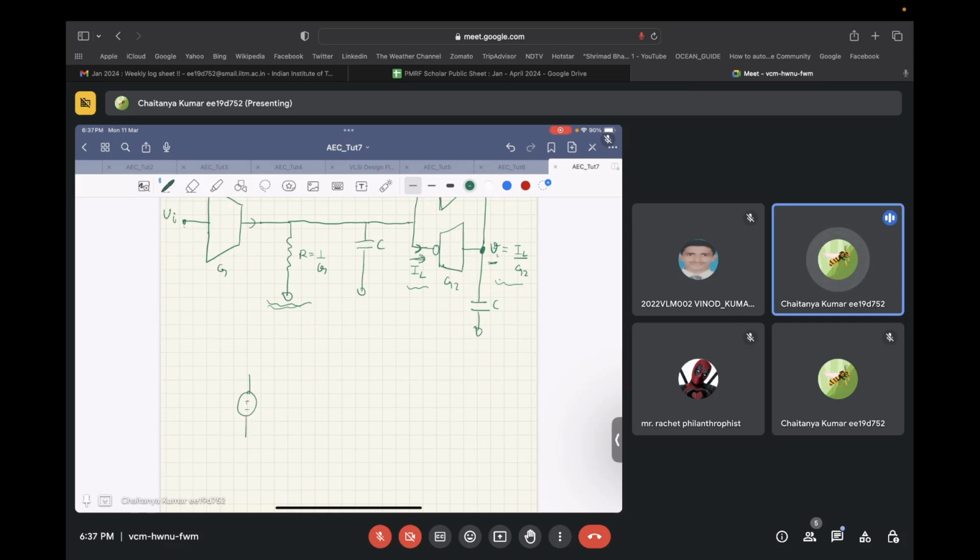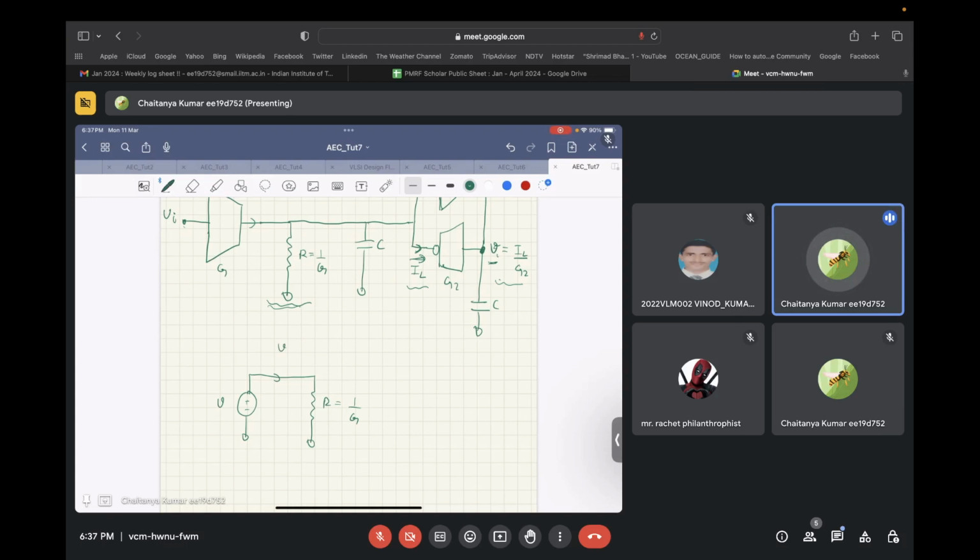So basically, how does a resistor work? If you have a voltage V, and this is a resistance of value 1 by G, what is the current that this resistance will take in?